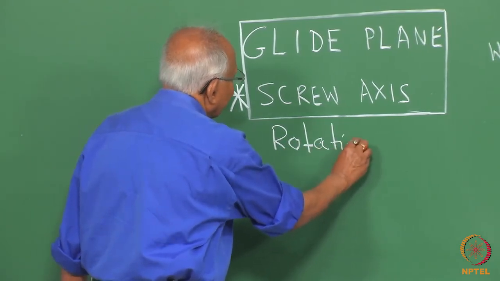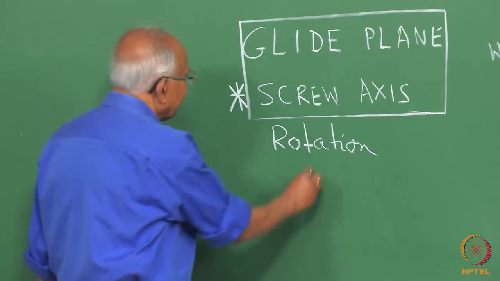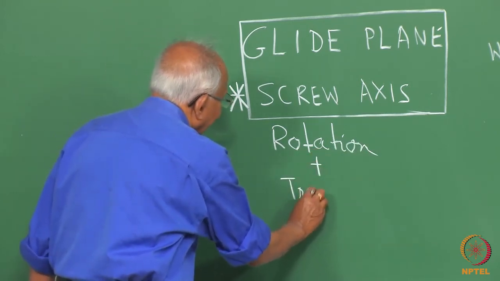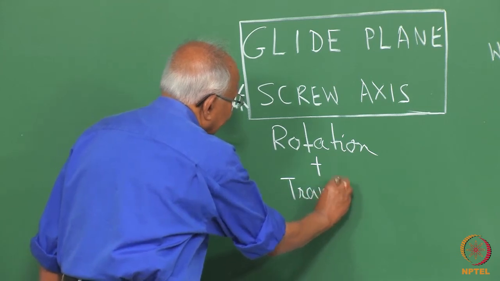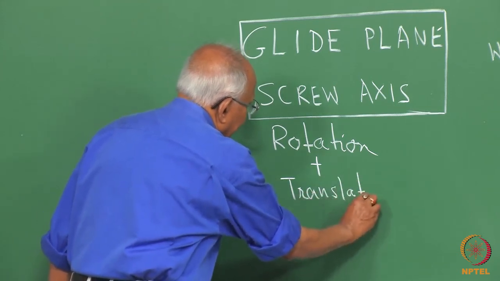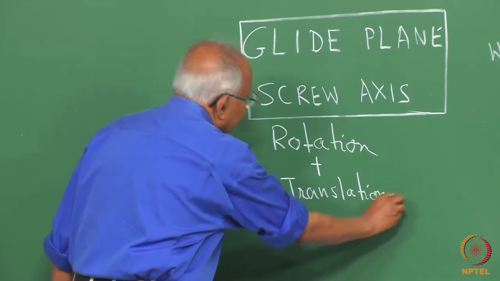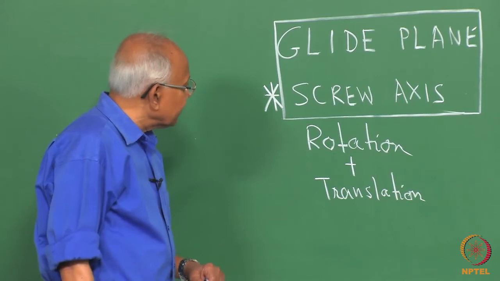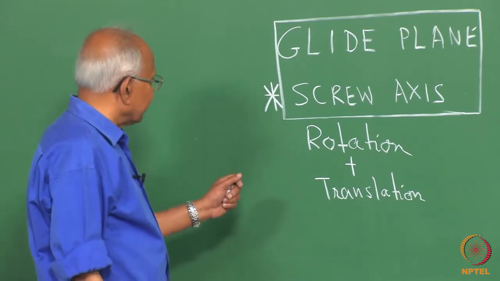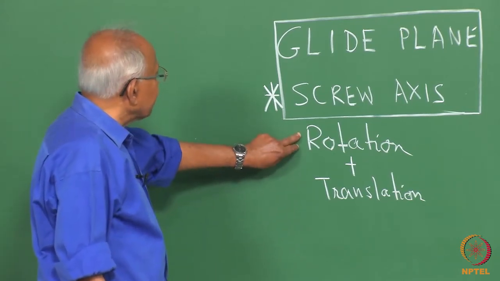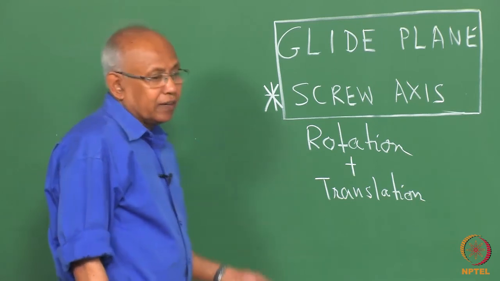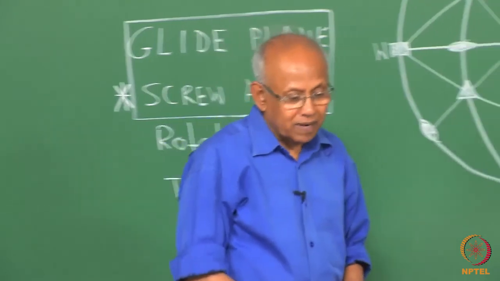One is rotation like an ordinary rotor, and then a translation along the rotor. So, a screw axis is a symmetry element which does two functions. It rotates like a simple rotor, and it also translates along it. Now, let us see what it means.